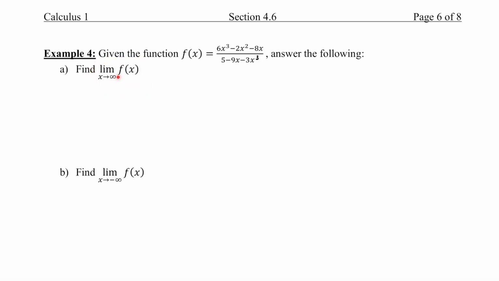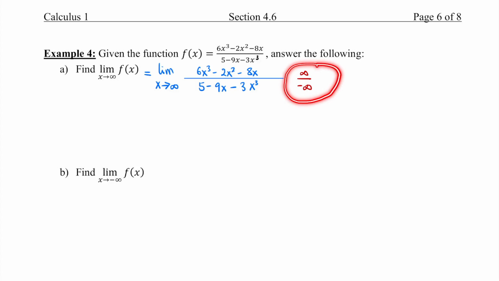First, let's replace f of x with this fraction. Notice as x approaches infinity, the numerator approaches infinity, and the denominator approaches negative infinity. This is an indeterminate form.